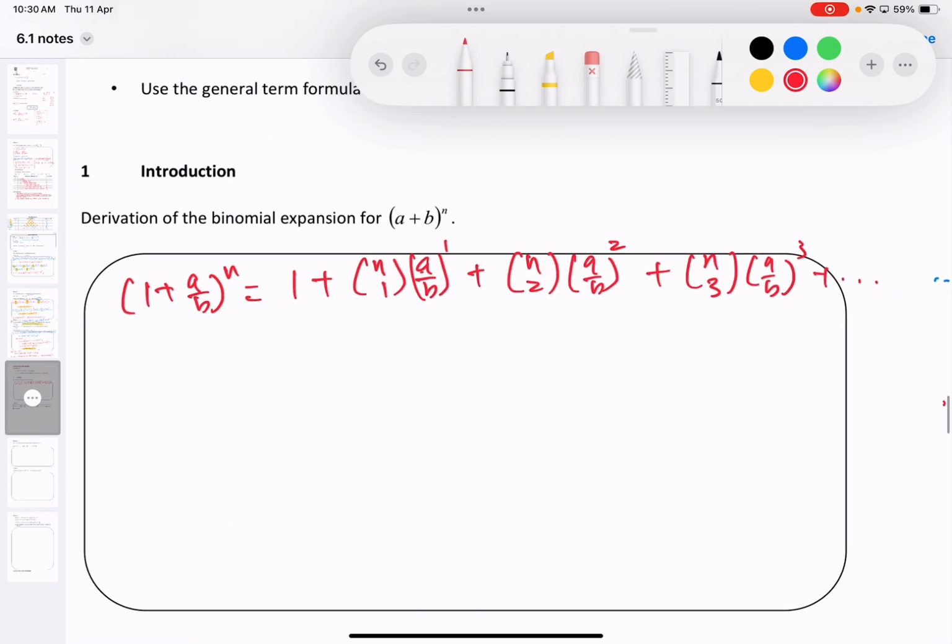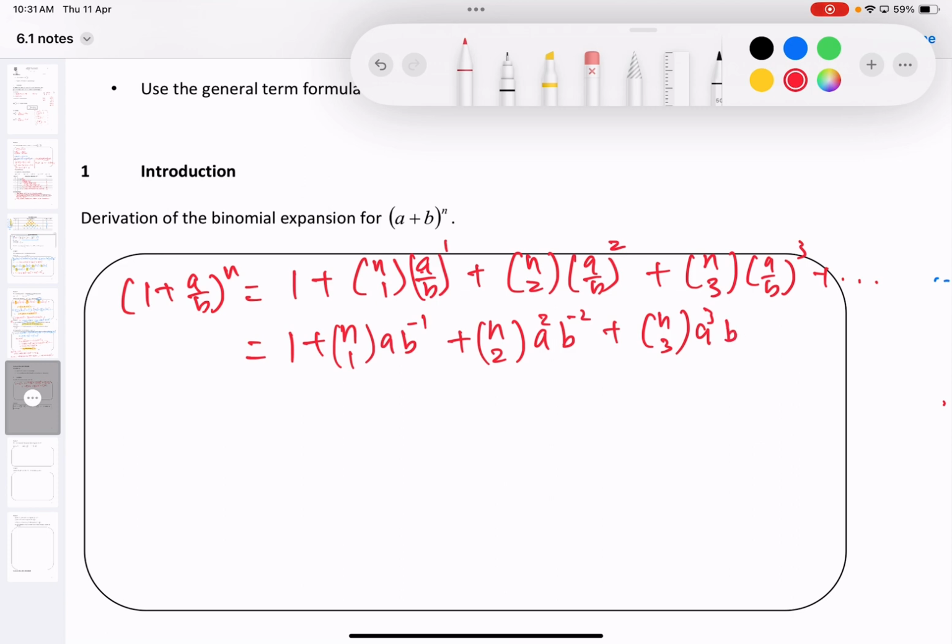Once you get here, I'm going to bring the b terms up. So I get n choose 1, a, b to the negative 1, plus n choose 2, a squared, b to the negative 2, plus n choose 3, a cubed, b to the negative 3.